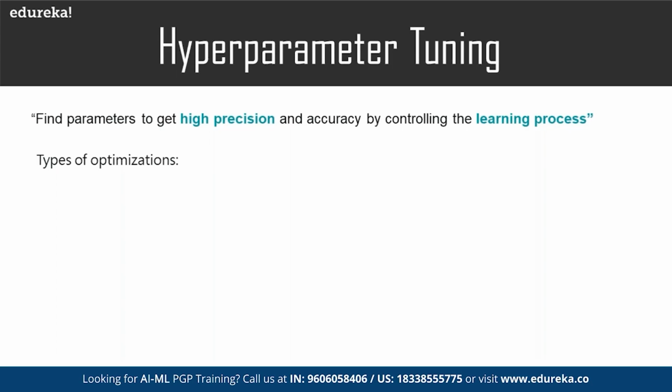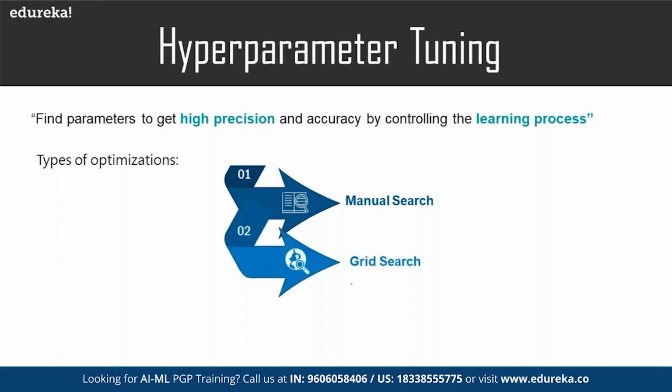That is why we call it performance metrics or error metrics. Hyperparameters control the learning process, and as a part of hyperparameter tuning we have different types of optimization techniques, which of course fall under hyperparameter tuning.